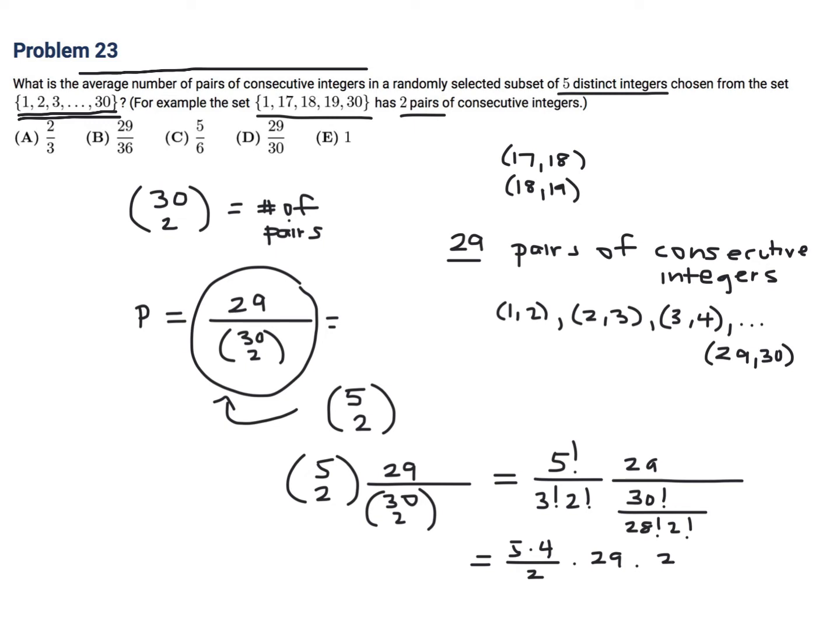So this will be 2 over 30 times 29, right? Yeah. So these 2's cancel. This 29 cancels. So you just get 20 over 30, which is 2 over 3. And therefore, the answer is A for number 23.